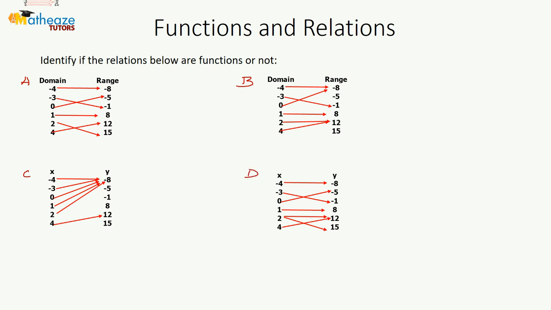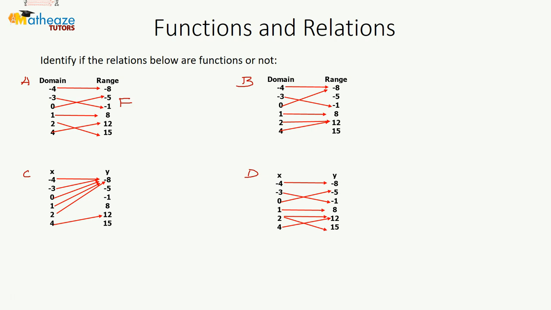Let's start with A. So remember, every domain value must have exactly one range value. So let's see. 4 has 1. If we look through here, we can see that every domain value points to only one range value. So this will be considered a function.